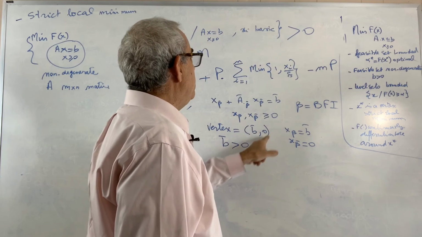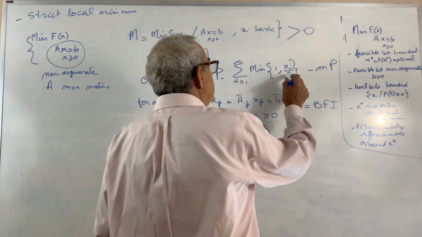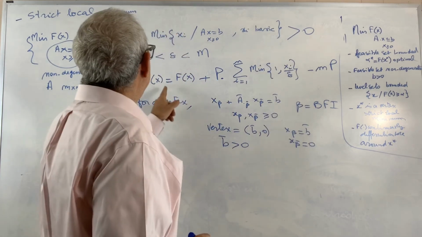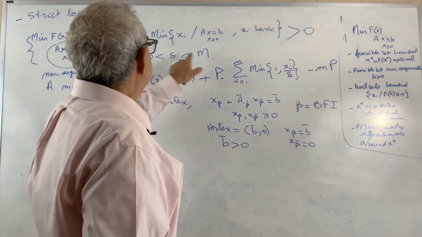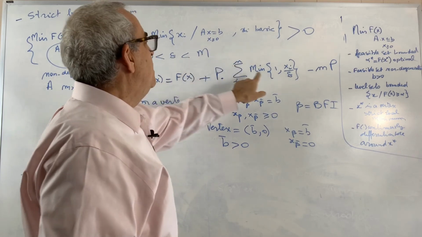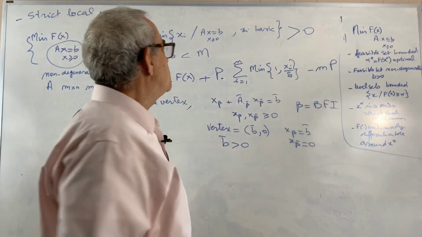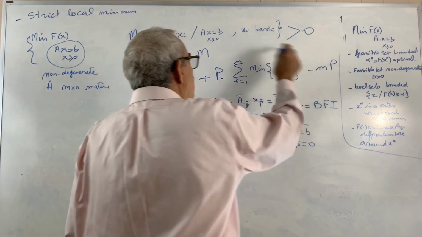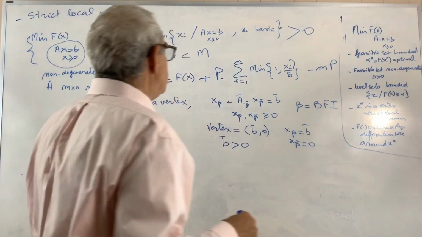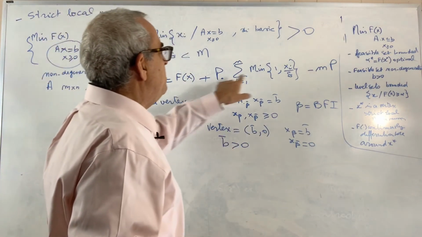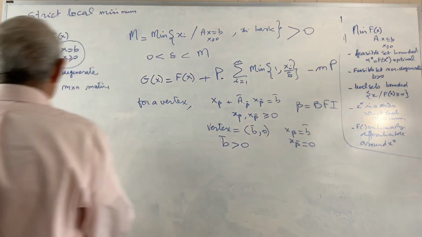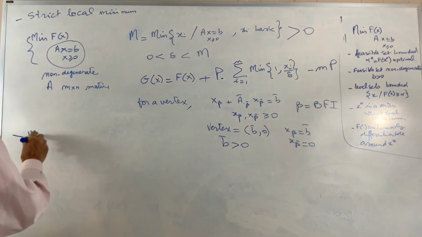And for the basic variables, this term here is bigger than 1, because remember, delta is strictly less than m, and this is less or equal to any basic variable. So this is bigger than 1, so the minimum is 1. So what this sum does is count how many basic variables we have, and in this instance, we have m. So we have p times m minus m times p. So that's 0.